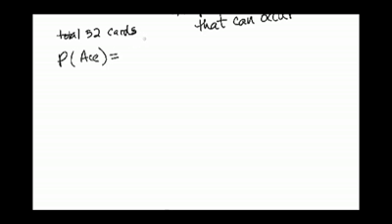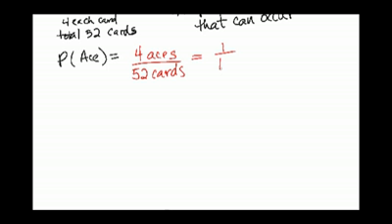So there are 4 of each card, including the ace. Right? So if we were looking for this one, it would be 4 aces over 52 cards, which reduces down to 1 over 13 probability. Alright?